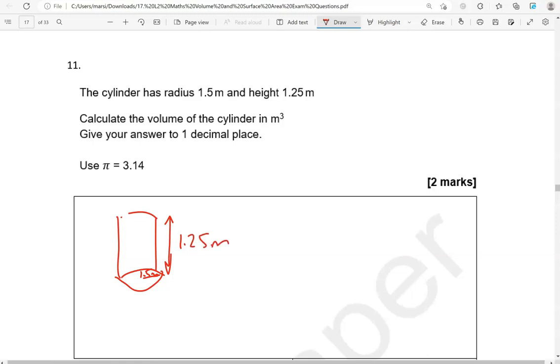To work out the volume, we work out the area of the base, which is a circle. So we use pi r squared, and then we multiply the answer with 1.25. So pi is 3.14 times the radius, which is 1.5, and then we're going to square it.